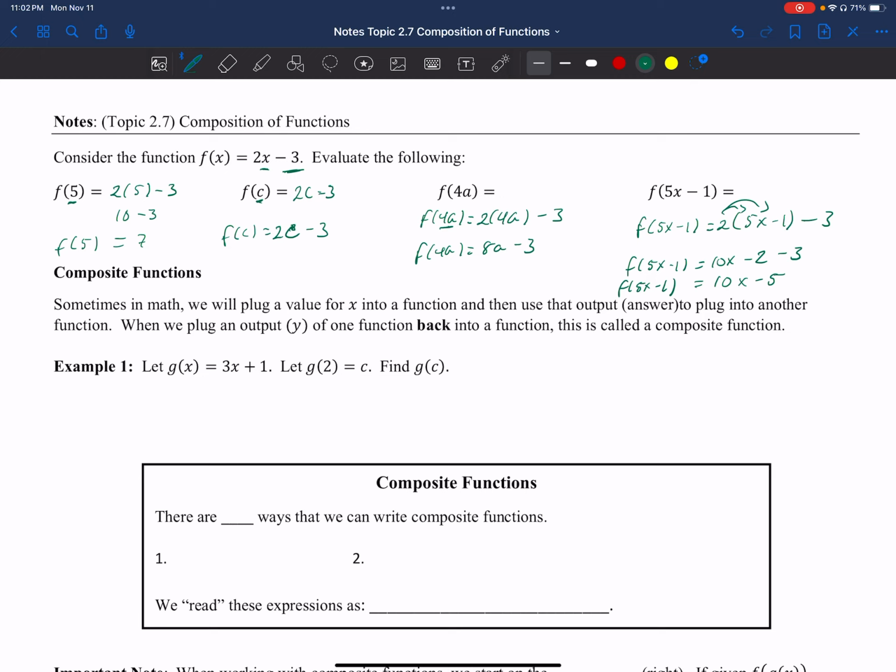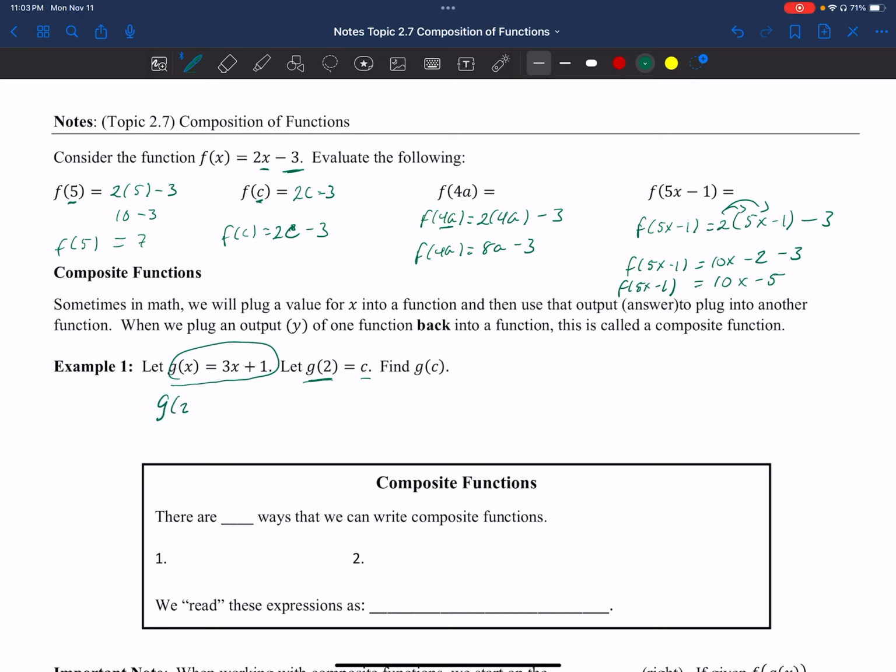So for example, number 1, it says let g of x be equal to 3x plus 1, and then let g of 2 be equal to c. And then I am finding g of c. So what I'm going to do is say that g of 2 is equal to c. I don't know what g of 2 is yet, but I can find it given the equation.